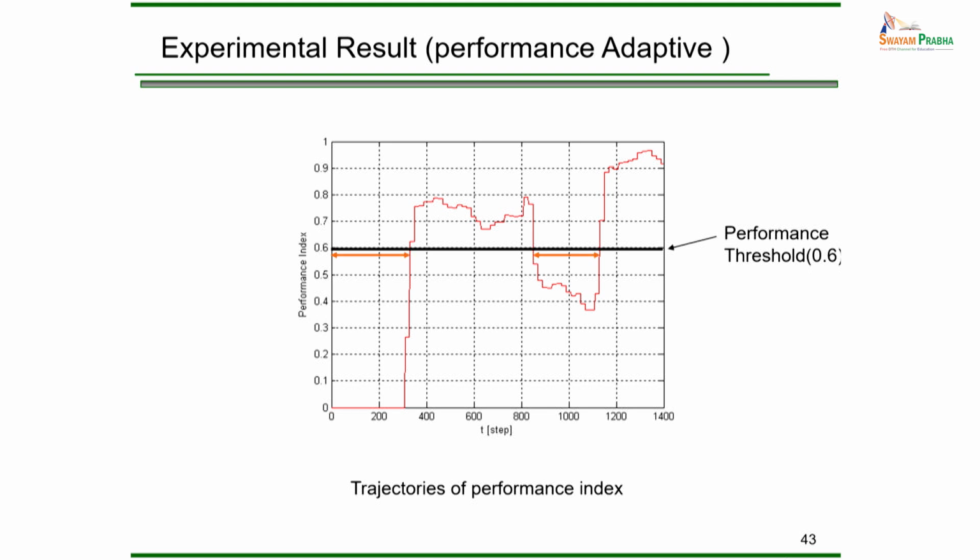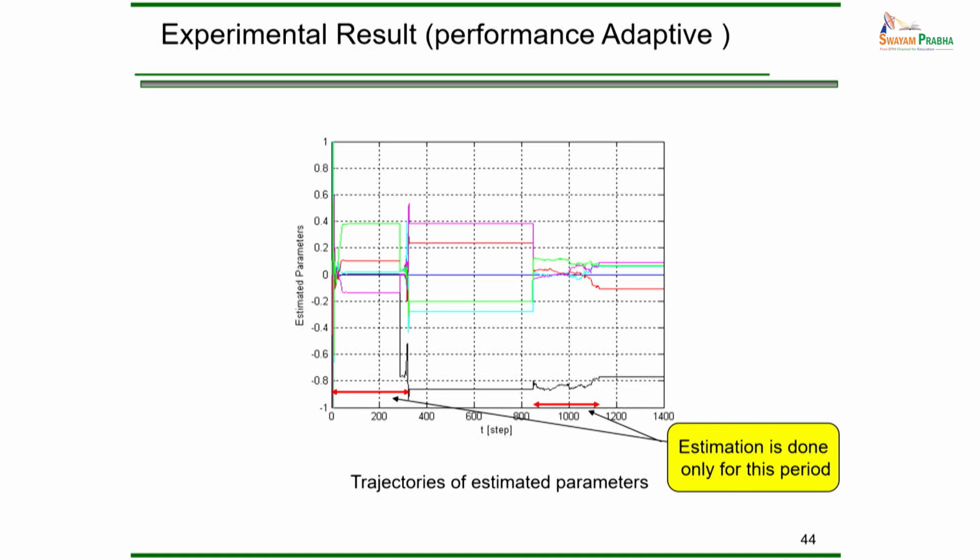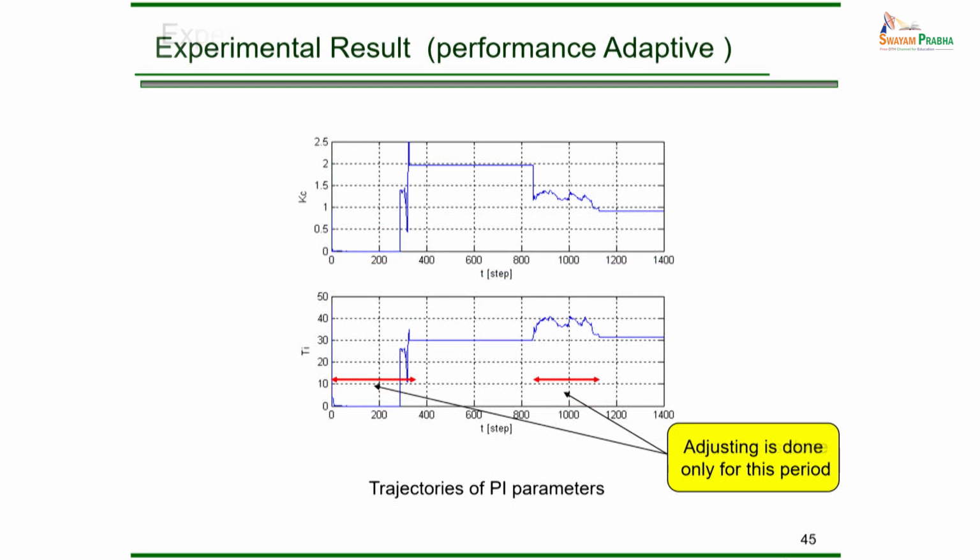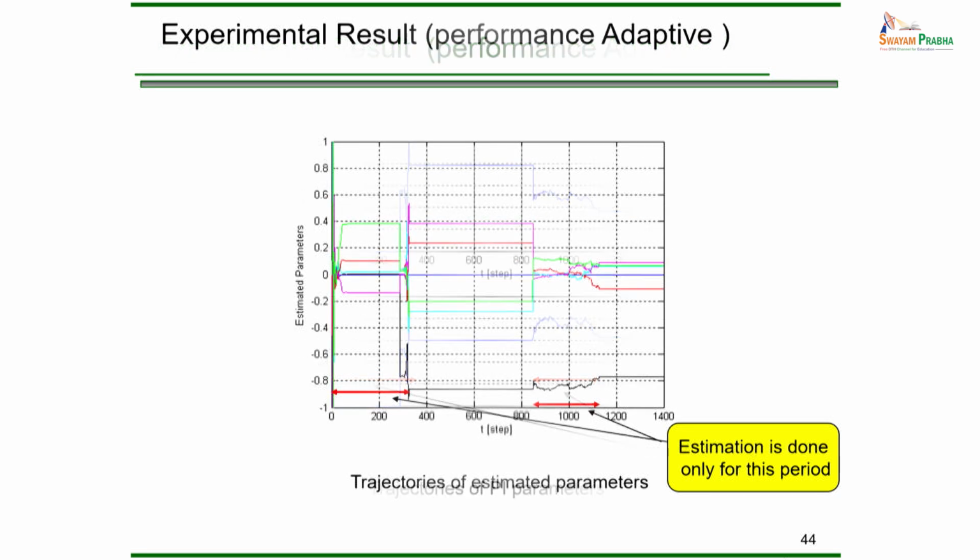We are only computing the parameters, doing identification, for a very short duration, here, when performance was below the threshold, and again at the second interval where performance drops below the threshold. So the estimation is only done for short periods.